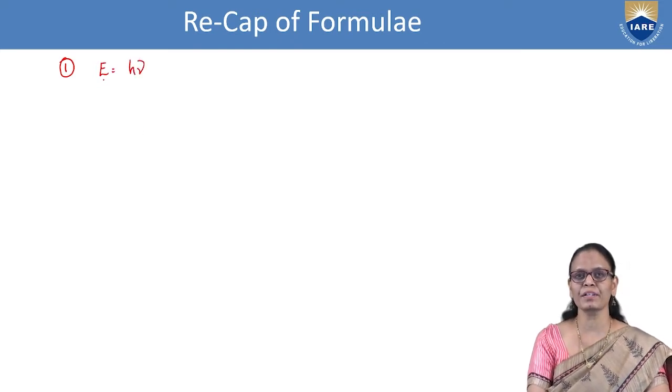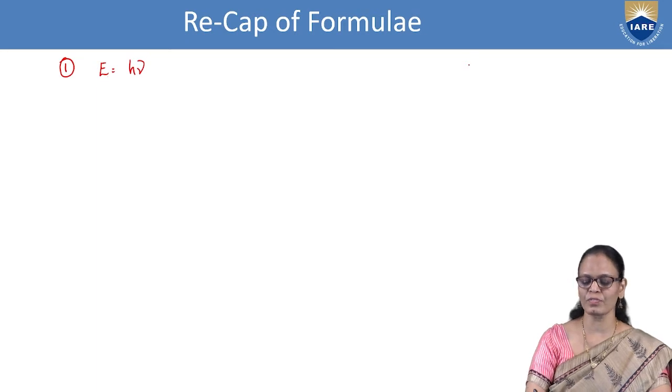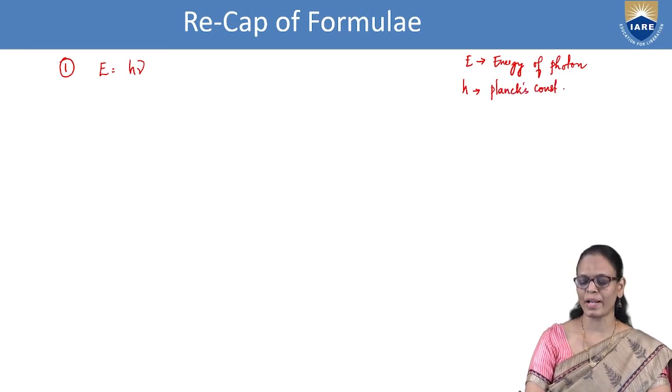where E here represents the energy of the photon, H represents the Planck's constant, whose value is a constant which is 6.625 into 10 power minus 34 joule seconds.